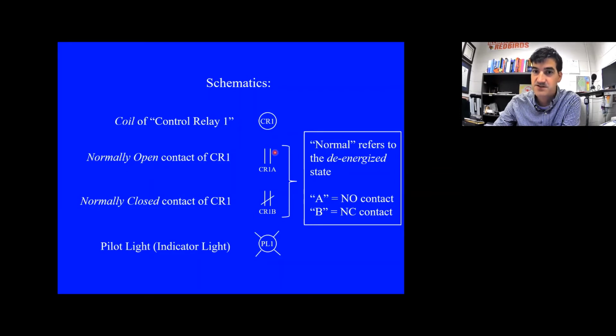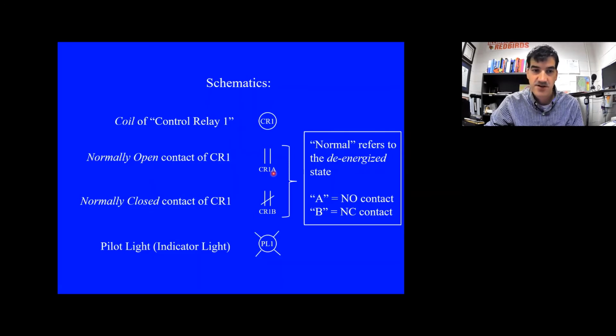All right, so you can see there's normally no connection between these two, so it's a normally open contact, and we label this CR1A. So this is a normally open contact from control relay 1. So CR1 tells us this contact is associated with control relay 1, or relay 1, and the A tells us that it is a normally open contact.